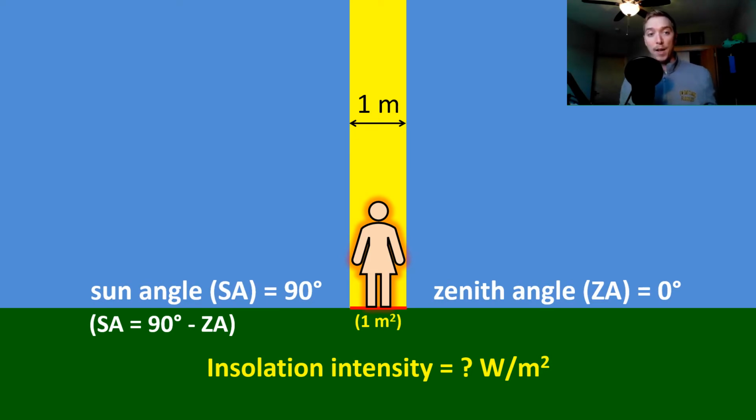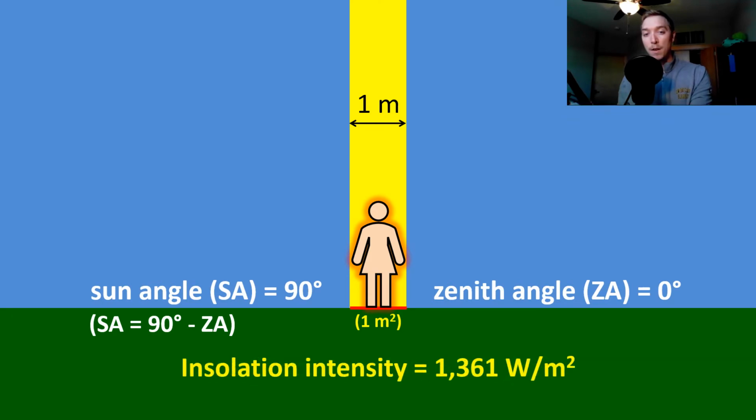Go ahead and pause the video here and use that equation we just learned about to figure it out for yourself. But here it's going to be 1,361 watts per meter squared. That's our solar constant. We are directly overhead. That's what we come up with here.